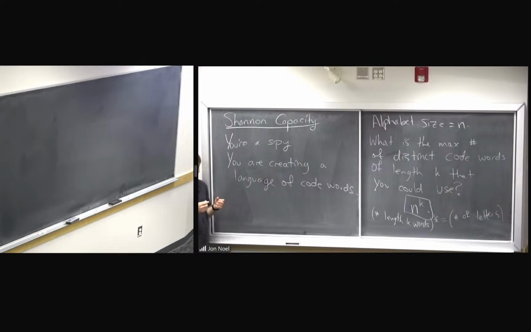So if things were this simple, there would be nothing to solve. Here's the thing. You're the spy and you're trying to make this language, and for whatever reason, you're communicating over some kind of channel that has some kind of noise that corrupts the message as you send it.